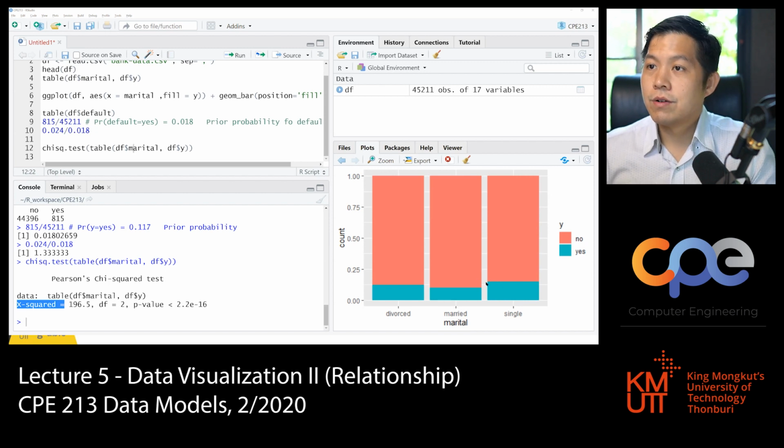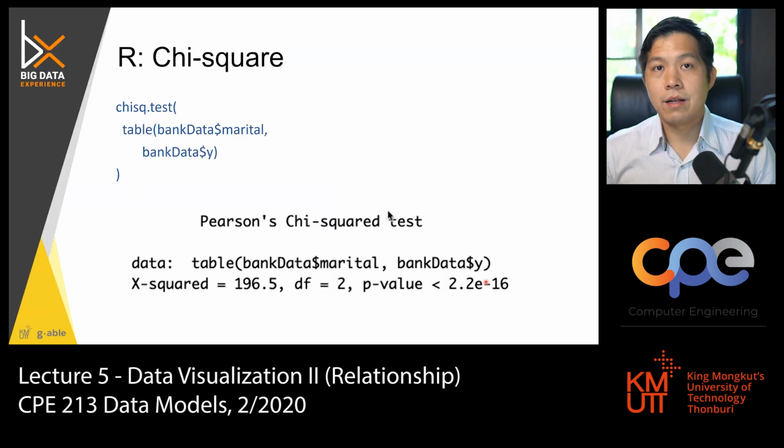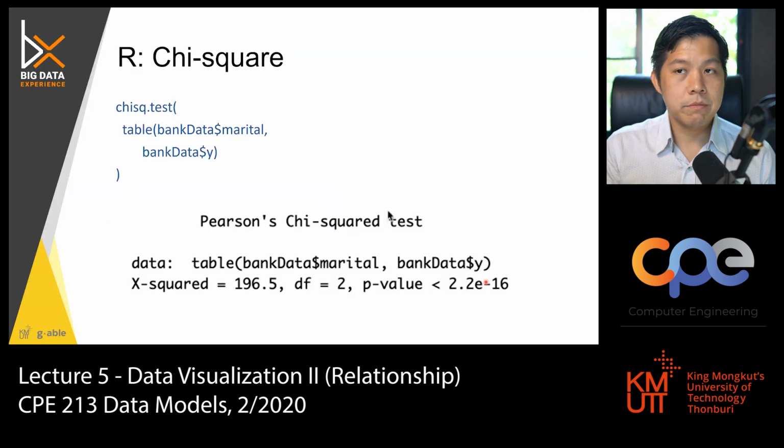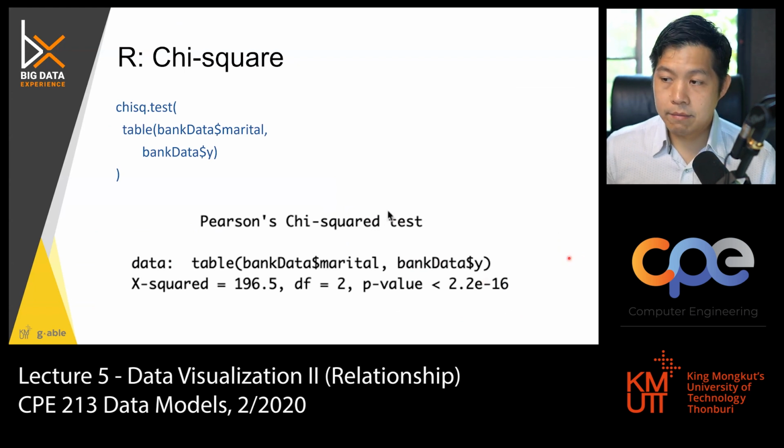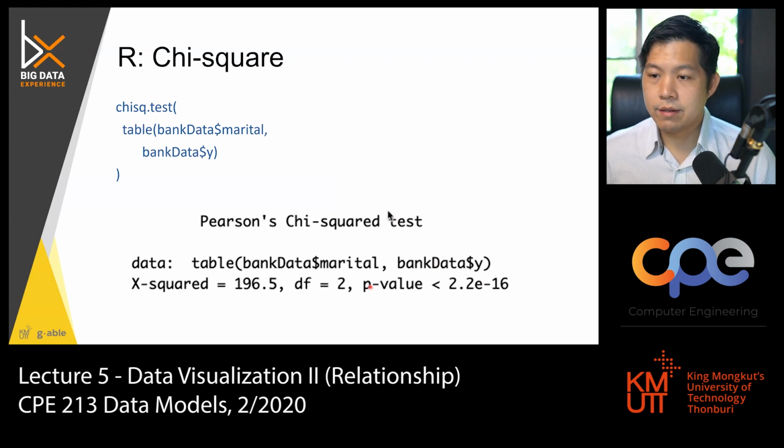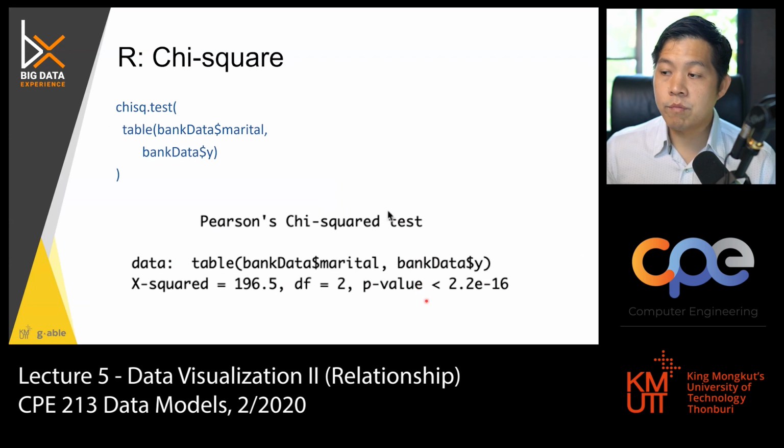So what does it mean? It means that with chi-square, you can now determine whether the two columns are related to one another or not by looking at the p-value. If the chi-square has a large value, then the p-value will be small.